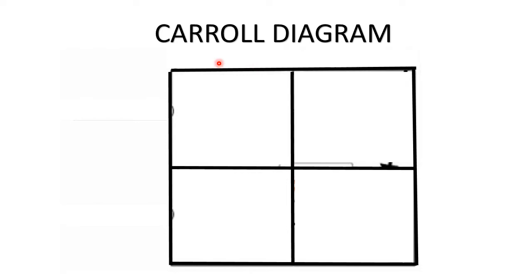The rule for this Carroll diagram is vegetable in the first column. The second rule will be not the first, so not a vegetable.